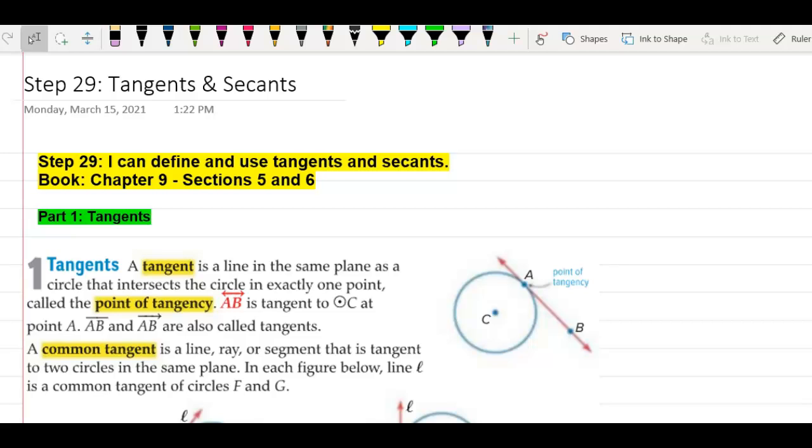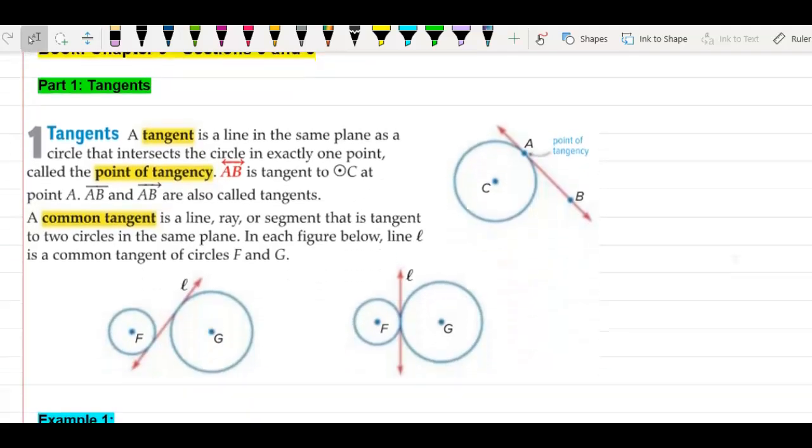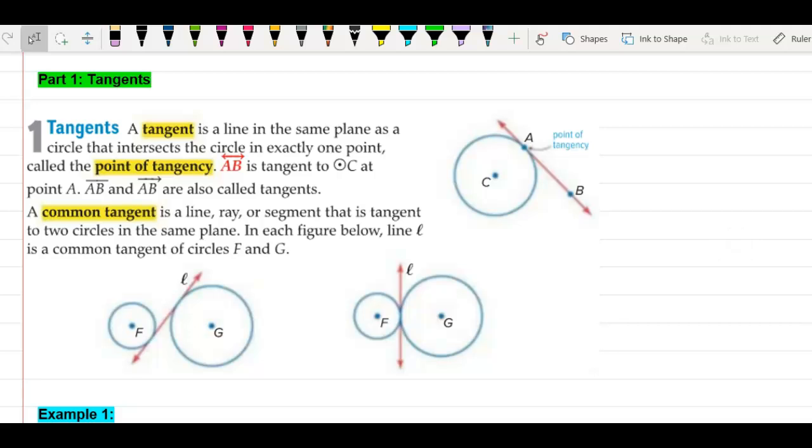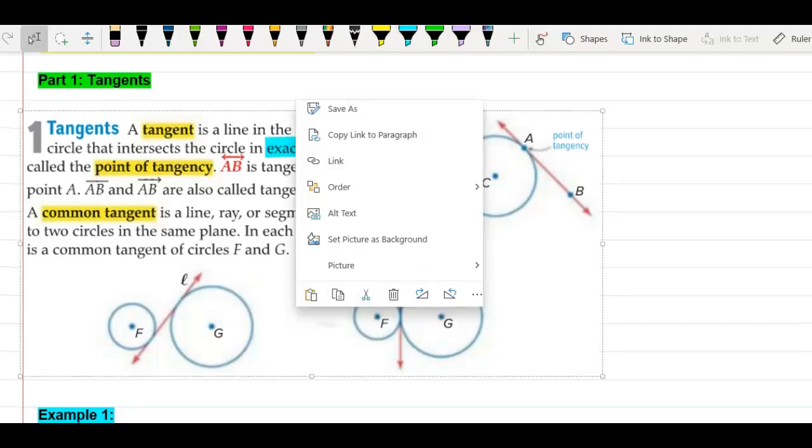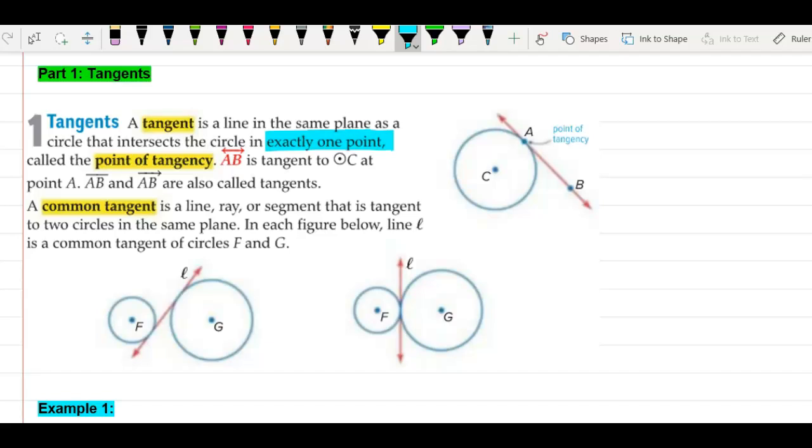The first thing we're going to talk about, the main idea of this first video, is tangents. A tangent is a line that intersects a circle at exactly 1 point. Imagine a line and a circle.